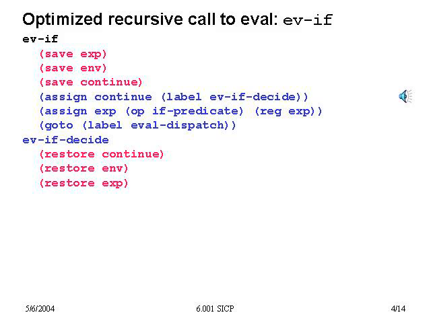As with the last case, however, we have to be careful. We know the contract for eval-dispatch says expression in exp, environment in env, return point in continue, all of which we've done. But we have to worry about the stack. In particular, remember, we started off with exp holding the whole if expression. When we come back with the value of the predicate, we still need to be able to get a handle on either the consequent or the alternative to do the right thing. So we better save away that pointer that's in the exp register, so we'll still have it.